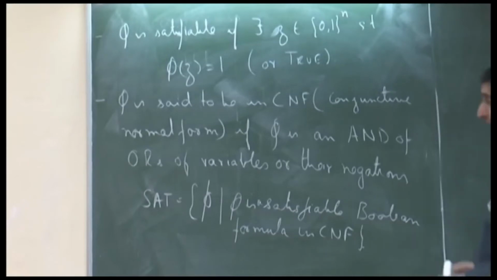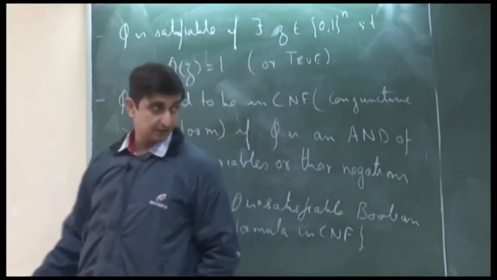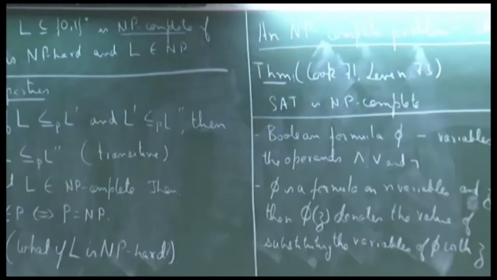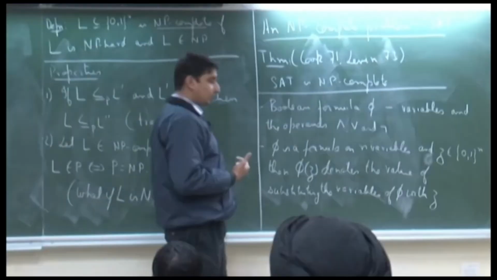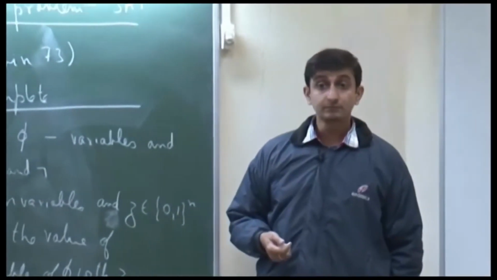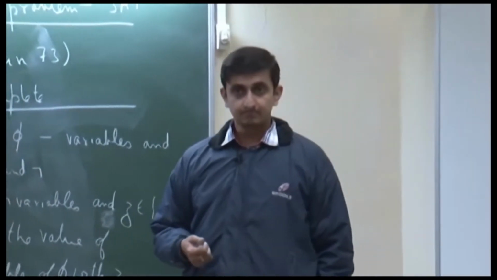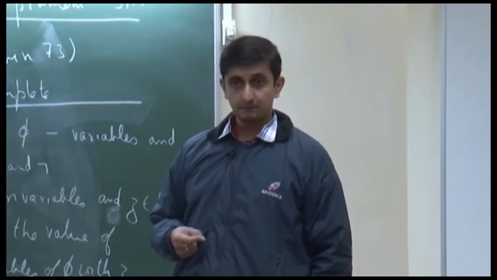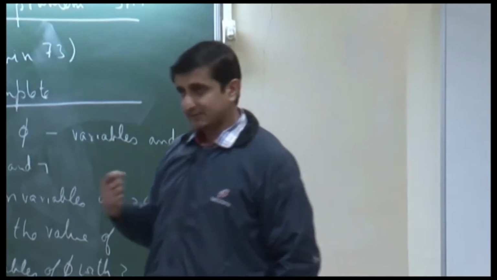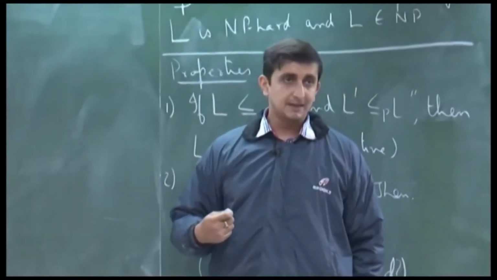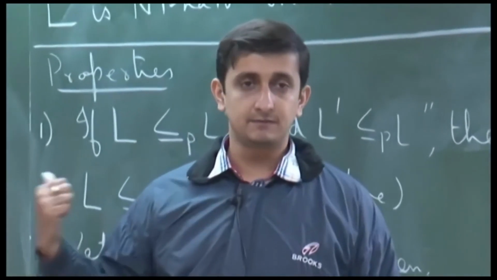So, the first thing that we need to argue in order to show that SAT is NP complete is to show that SAT is in NP, and that is easy to see. So, how do we prove that SAT is in NP? What would that certificate be? Yeah, it's just a string z corresponding to an assignment of values to the variables of phi.